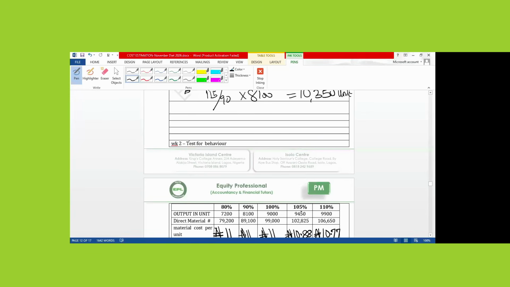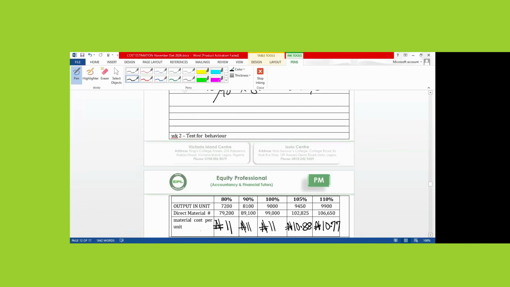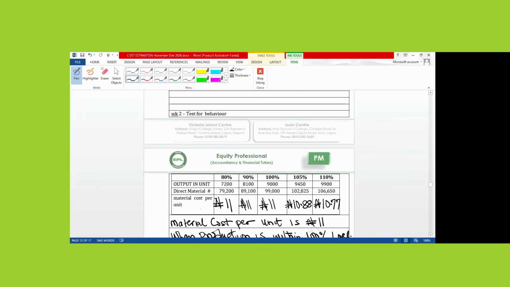Your low is now 105, 9,450, because the problem started after 100%. You are trying to get material cost above material cost per unit.